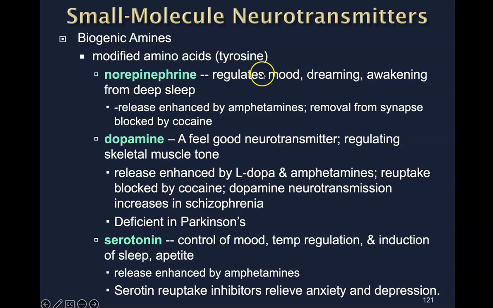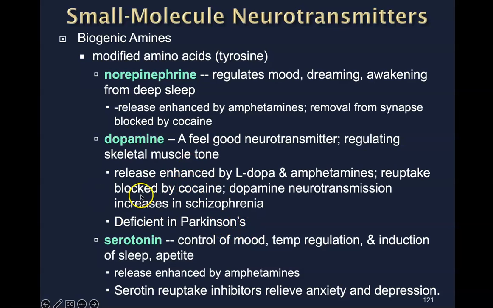So cocaine does that for both of these, blocks the reuptake of norepinephrine, blocks the reuptake of dopamine, and amphetamines are going to work on all three of these, okay? So amphetamines are going to enhance norepinephrine, amphetamines are going to enhance the release of dopamine.